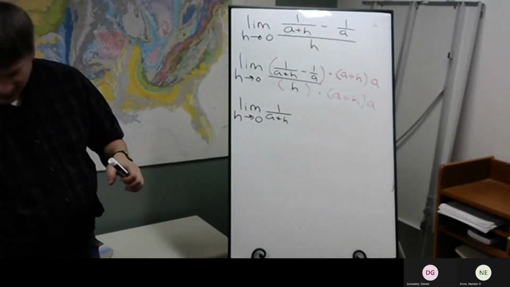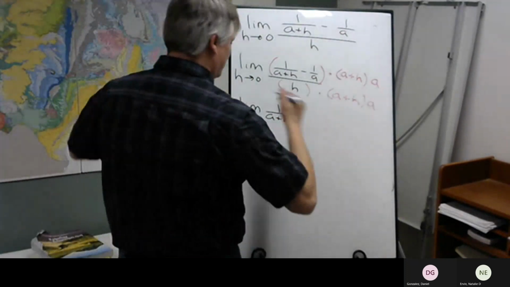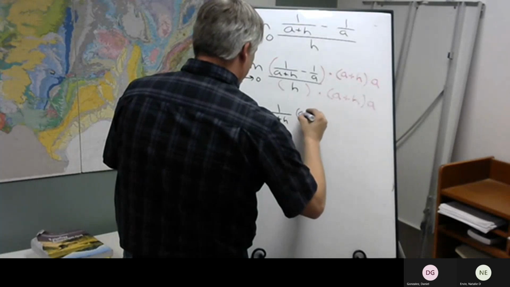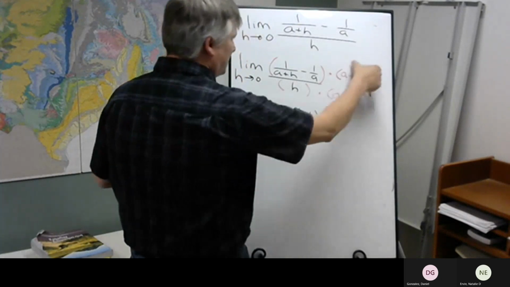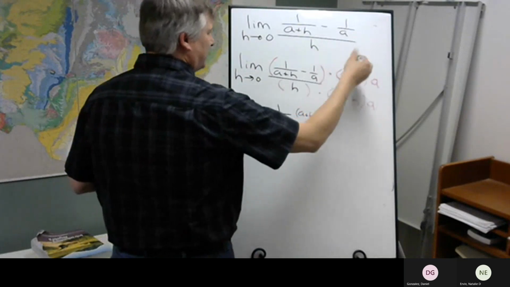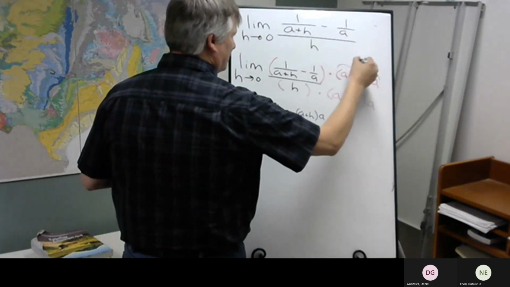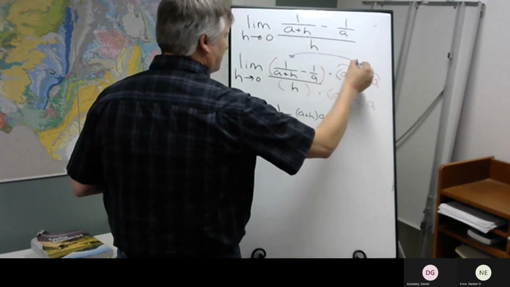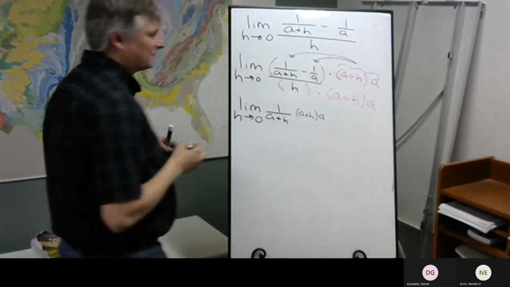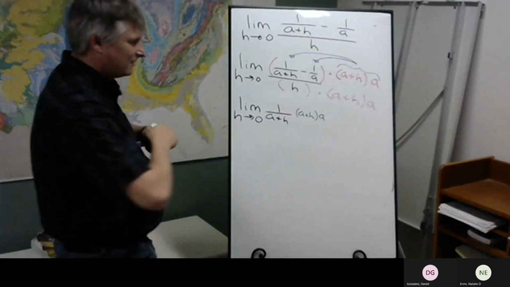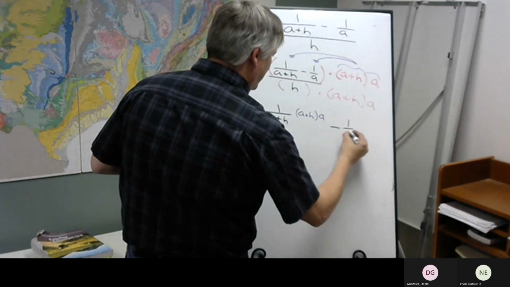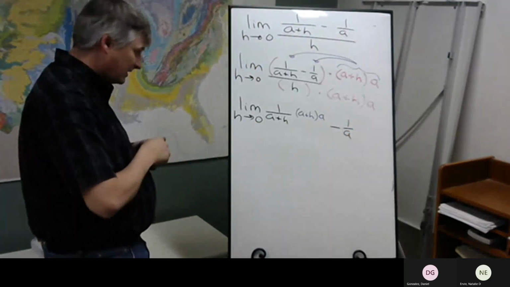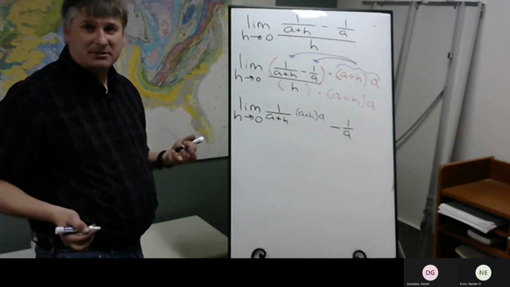Here, I'll get a stronger pen. So a plus h times 1 over a plus h is 1. We're going to distribute this to here. We'll distribute it to both terms. So minus 1 over a, and again, a plus h times a.